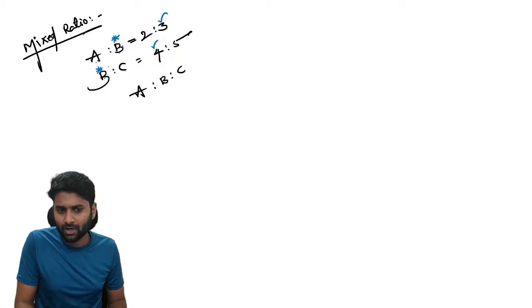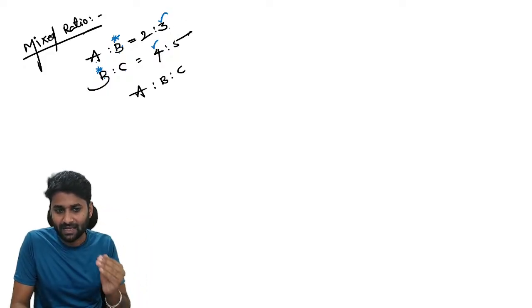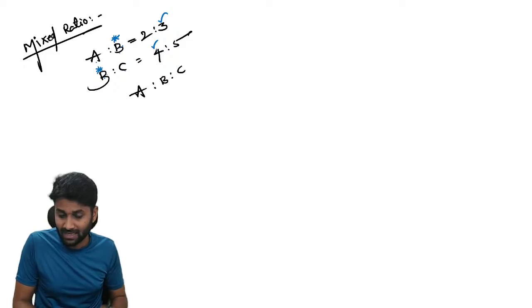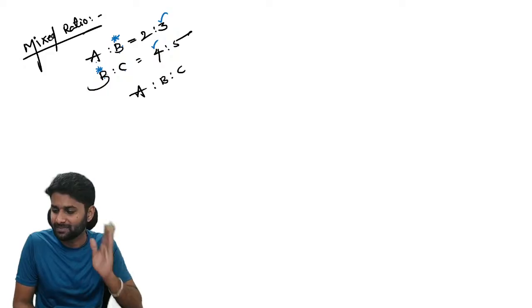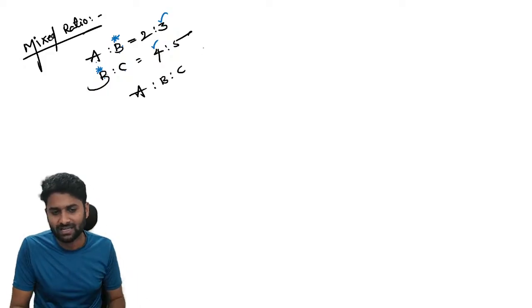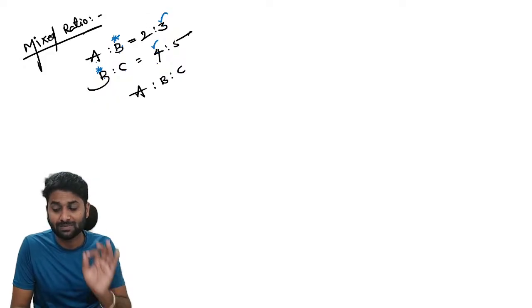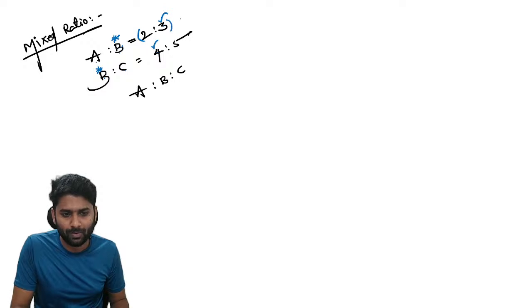If the alphabet is the same, the number must be the same. Guys, if the alphabet is the same, position is the same, their numbers must be the same. But you can see different numbers. So how are we going to equate it? You have to multiply ratio 1 by 4 and ratio 2 by 3.